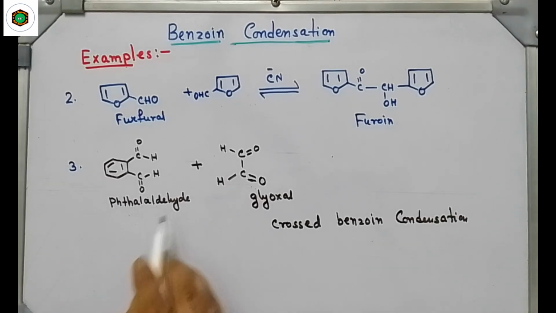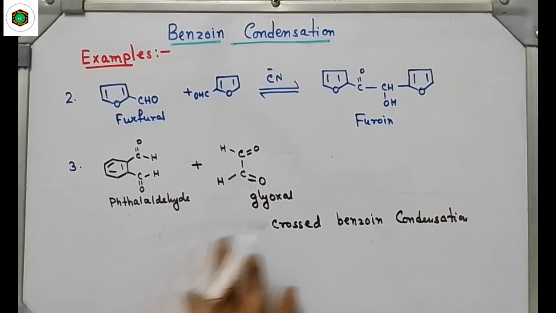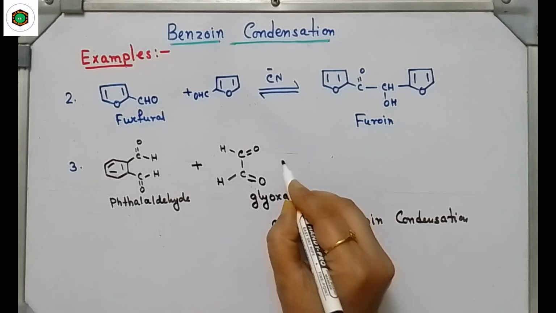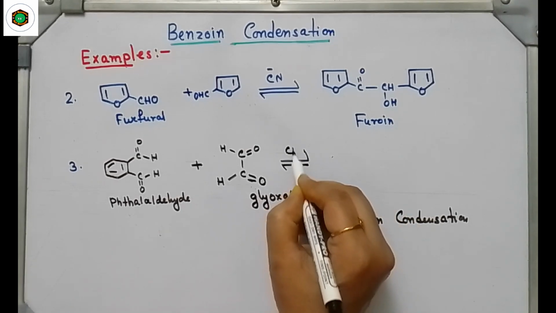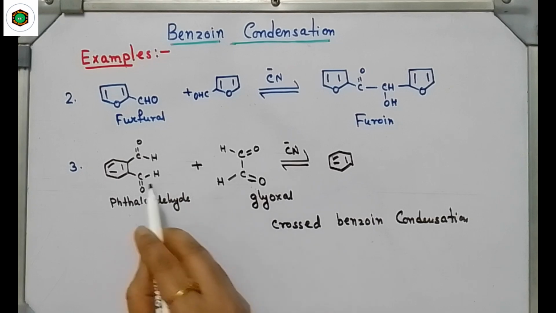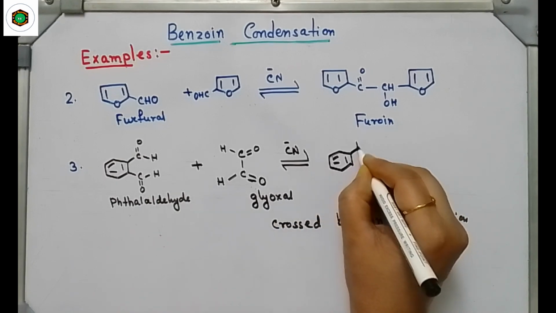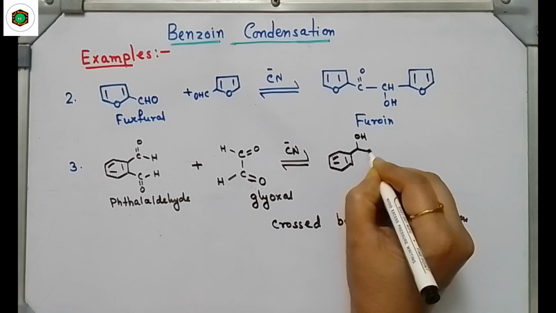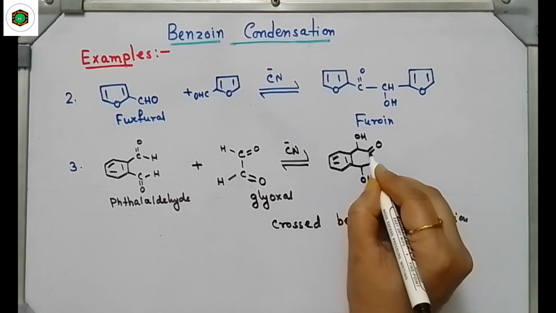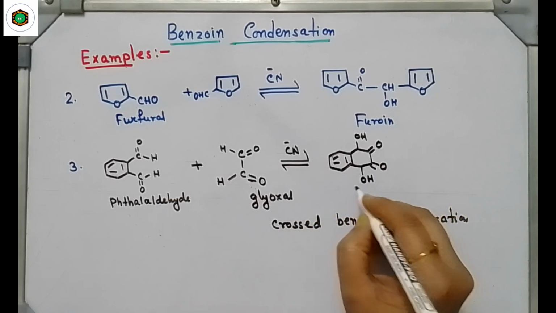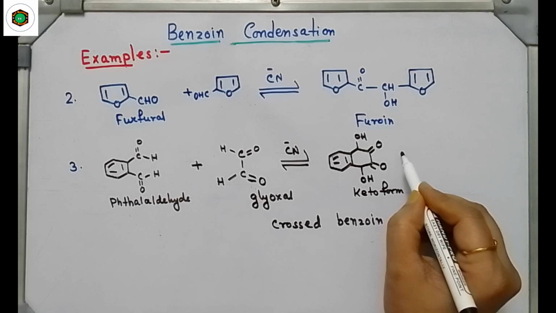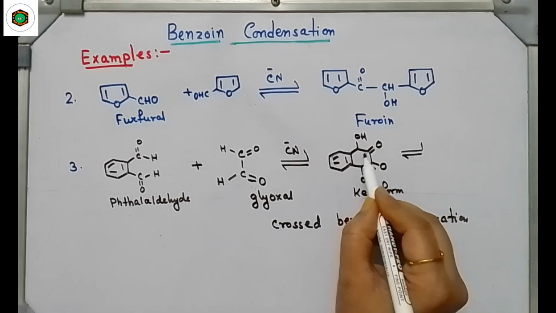Suppose you have phthalaldehyde and glyoxal. So here donor and acceptor molecules are different compounds, so here we will get crossed benzoin condensation. So first we will get, here two aldehydes, here two aldehydes. From the upper part we will get an alpha hydroxy ketone. From the lower part also we will get an alpha hydroxy ketone. So this is the keto form. And by tautomerization, what we will get here? The enol form.